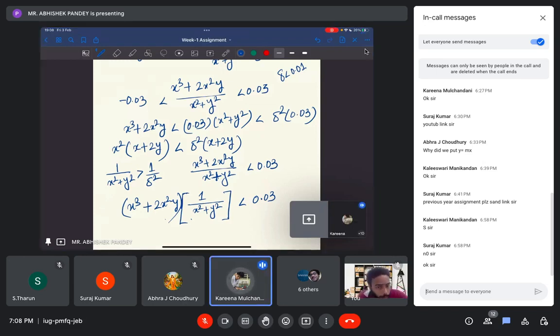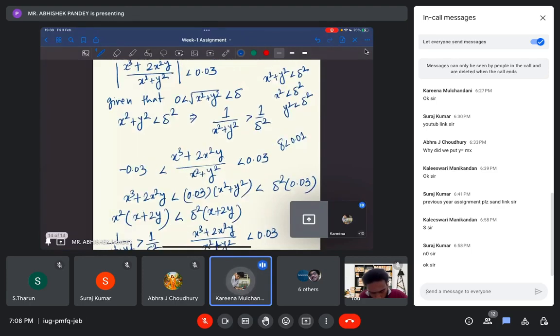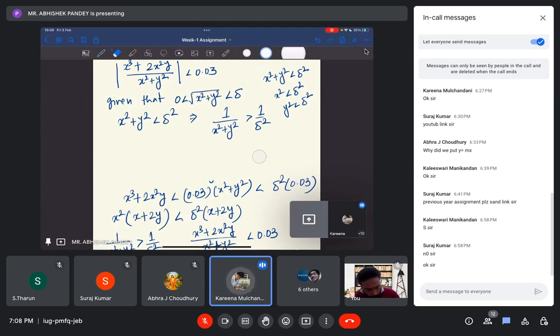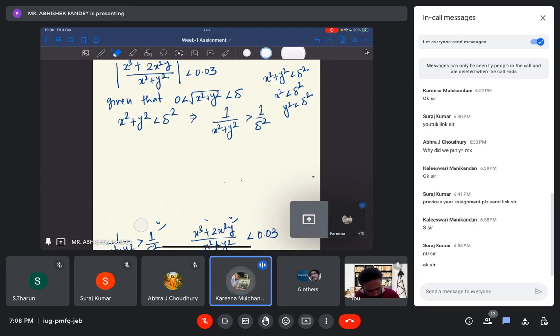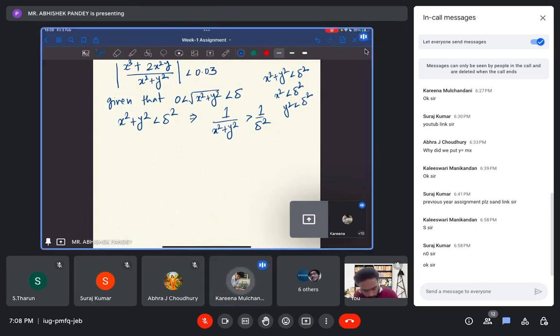Sir, can we do it this way: we put x cube upon x square plus y square and then add 2x square y upon x square plus y square?